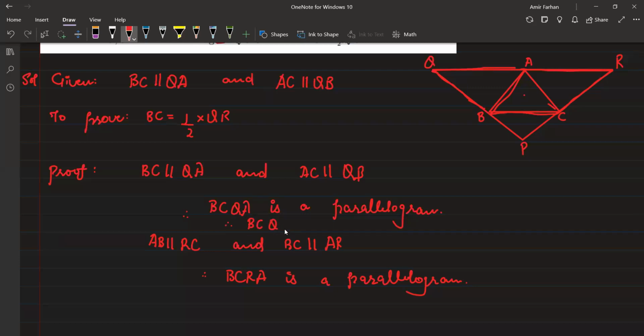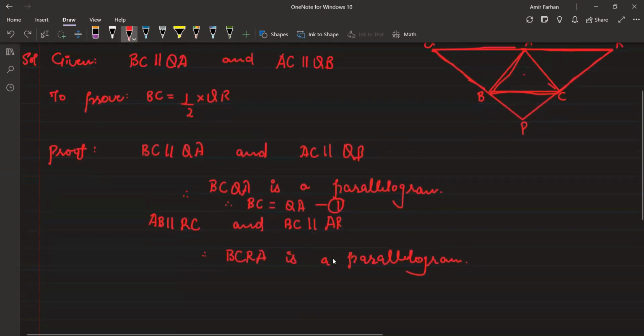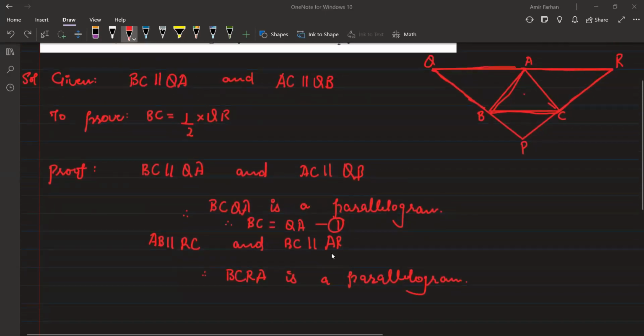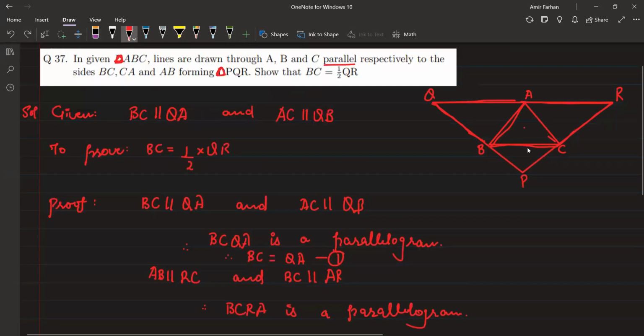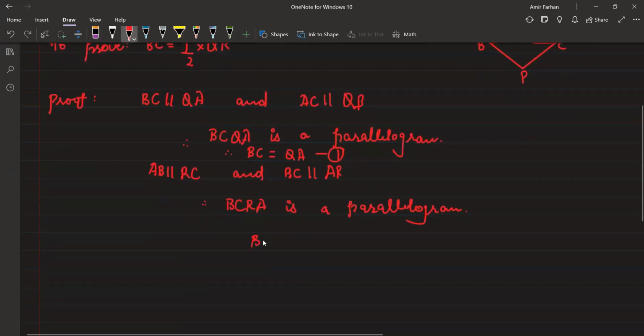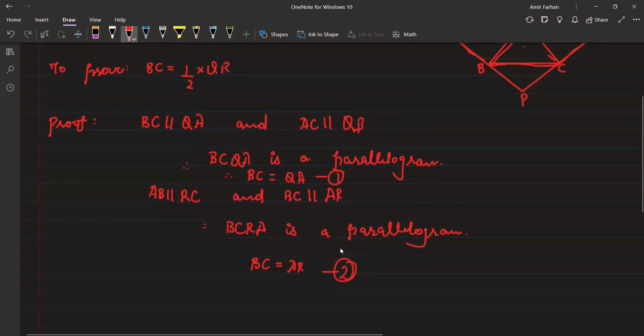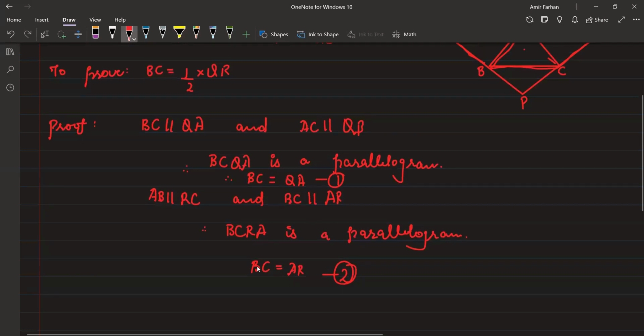BC will be equal to QA, this is equation number 1, suppose. And in this parallelogram as well, BC equals RA, so BC will be equal to AR. Okay, now see this thing. If the left-hand side of both the equations are equal, can I equate the right-hand sides?